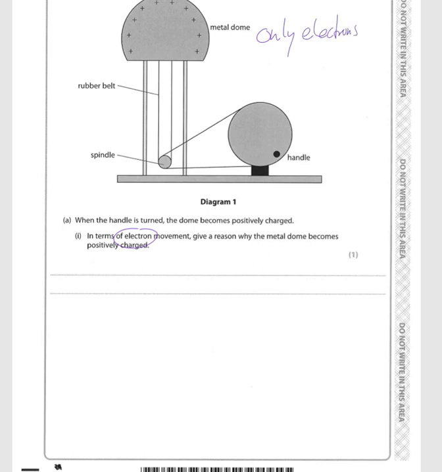electrons can move. Electrons are the only ones that can move, because if you draw the atoms, we've got the nucleus here in the center and then the electrons orbit around it. Which one is easy to move? Of course, it has to be the electrons. Now, why is this becoming positive?